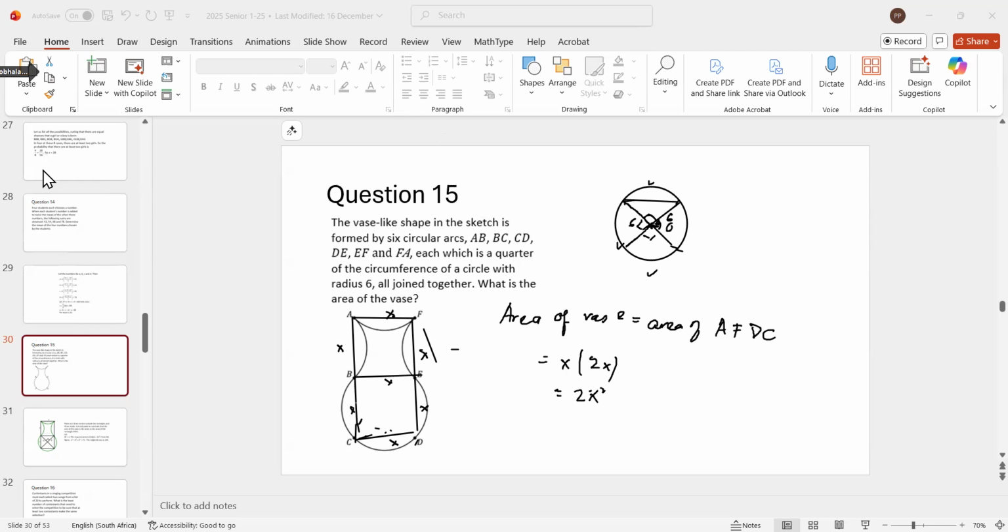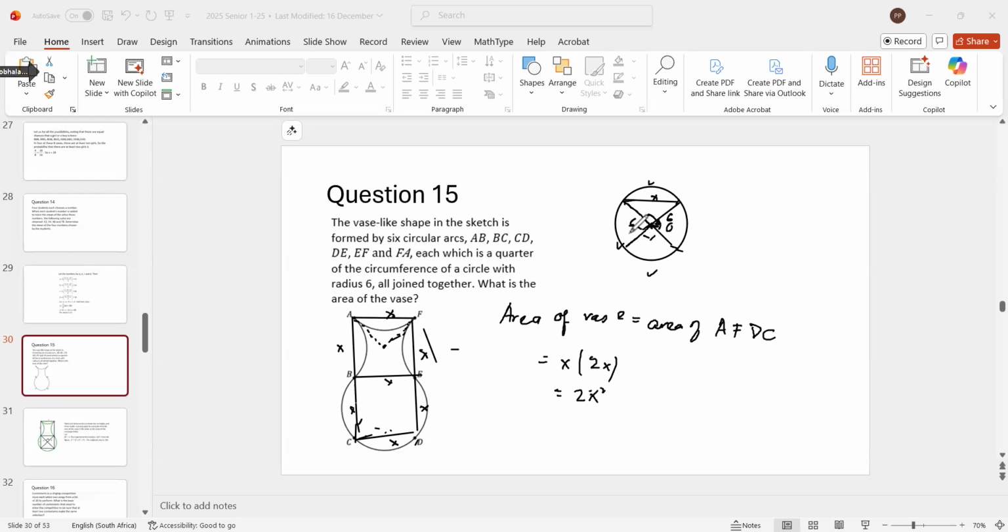So if you call that, the one that I just drew now, this is X. It's the same piece here.